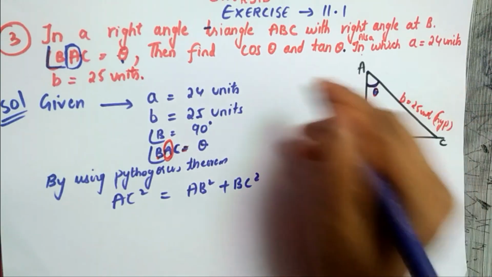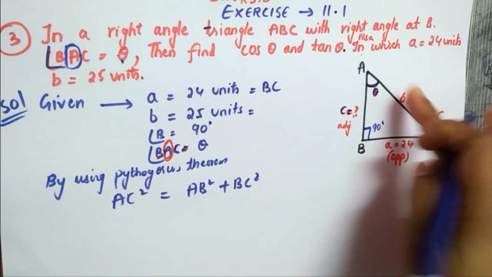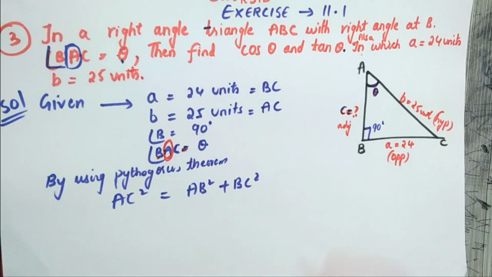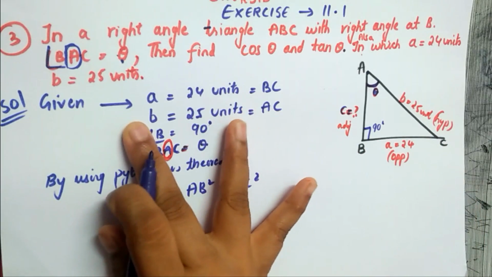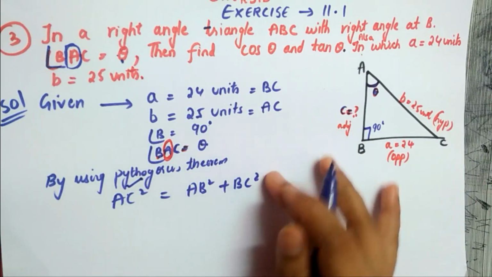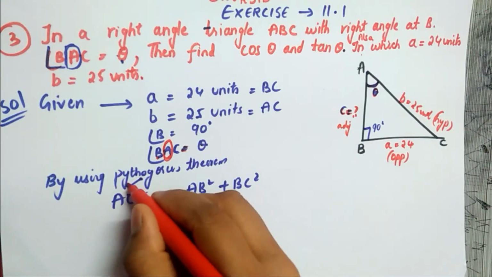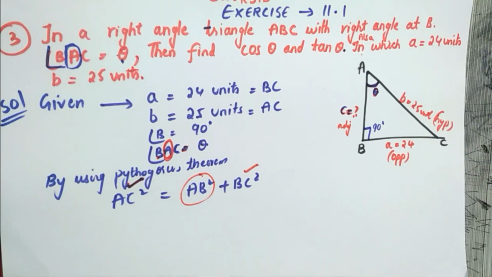What is b? It's nothing but AC. So in our problem we have the value of AC, we have the value of BC, but we don't have the value of AB.